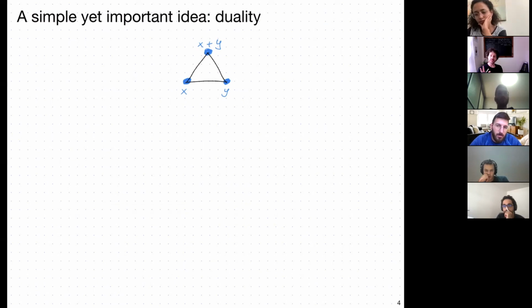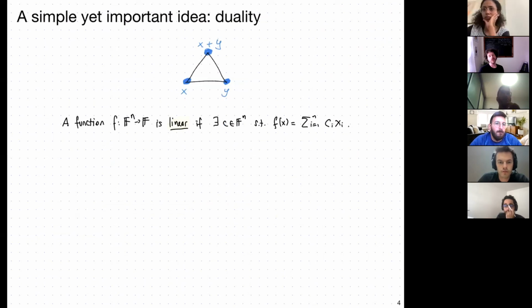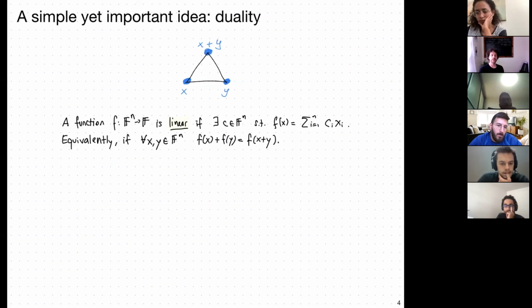But even a single triangle in 2 dimensions has a nice property that it captures linearity: f(x + y) = f(x) + f(y). Inspired by that, I can say a function is linear if you can write it as a linear combination of the variables. But you can also use the dual perspective and say that a function is linear if it behaves as a linear map.